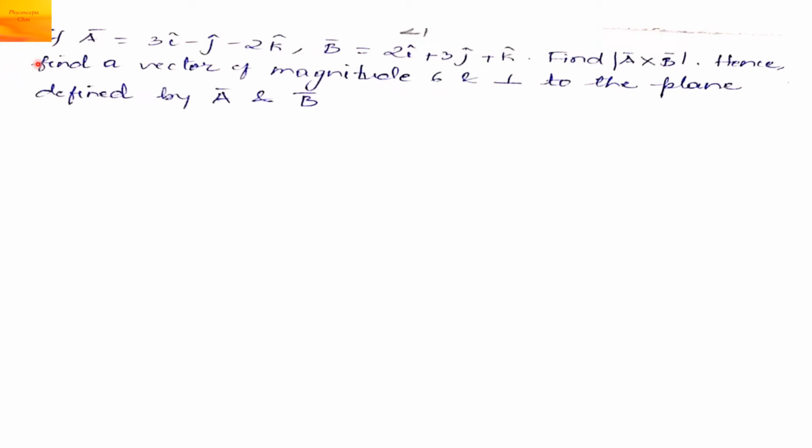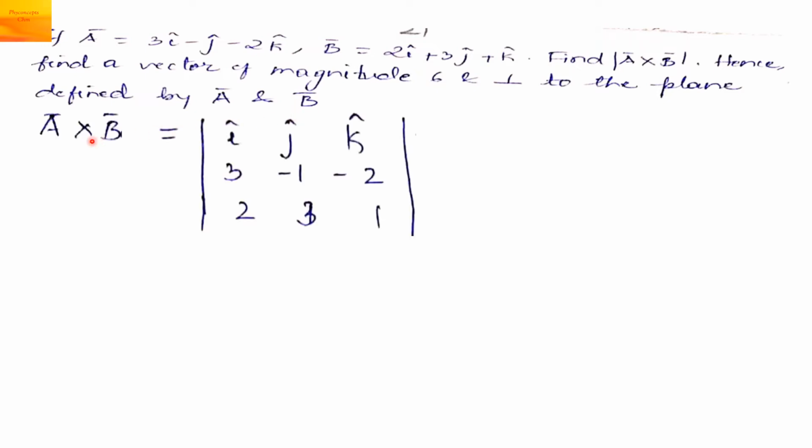Now we will see some numerical problems. If A bar is equal to 3I cap minus J cap minus 2K cap, B bar is equal to 2I cap plus 3J cap plus K cap, find mod of A bar cross B bar. Hence, find a vector of magnitude 6 and perpendicular to the plane defined by A bar and B bar.